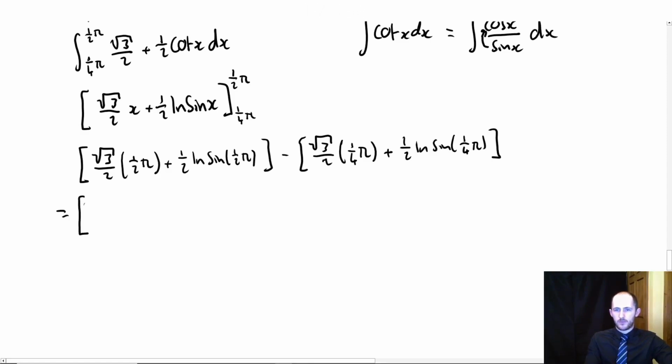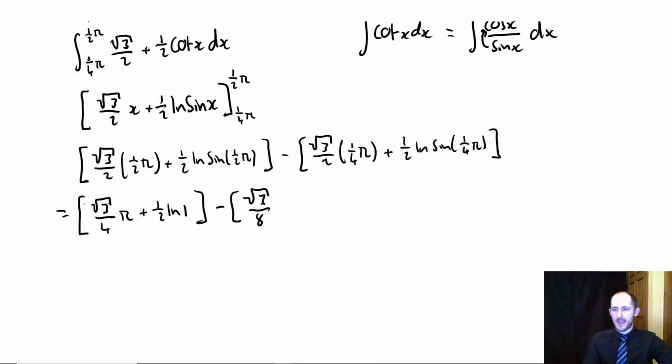So we have root 3 over 4 pi, and then sine of that, plus half ln. Sine of a half pi is 1, minus root 3 over 8 pi, plus a half ln.